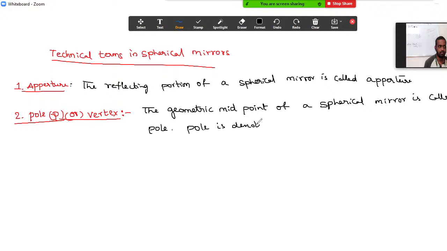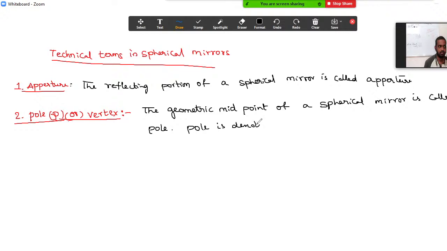See, we need to represent the pole also. Now I took a concave mirror. The reflecting portion is the painted side. Now I am going to find out the position of the pole. To do that, I took a thread and arranged it on the aperture.